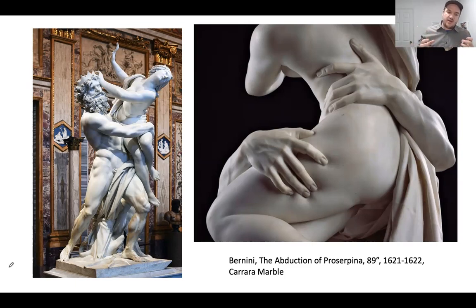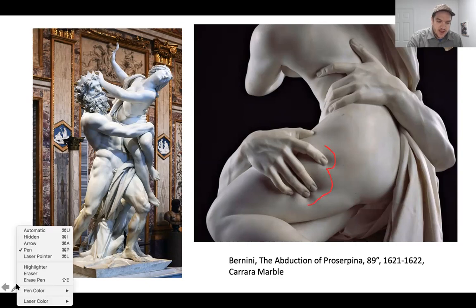Everything is in movement and packed full of energy. But also look at the subtlety of this hand pressing into the flesh here. It makes you forget that it's marble, it's so amazing.